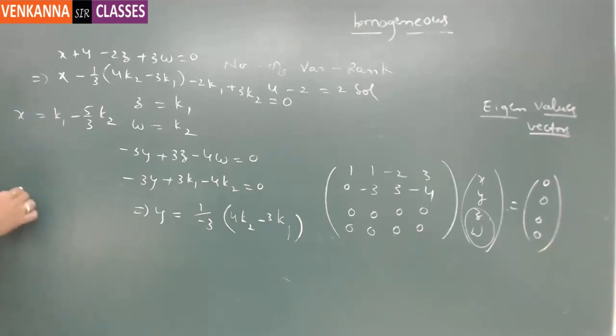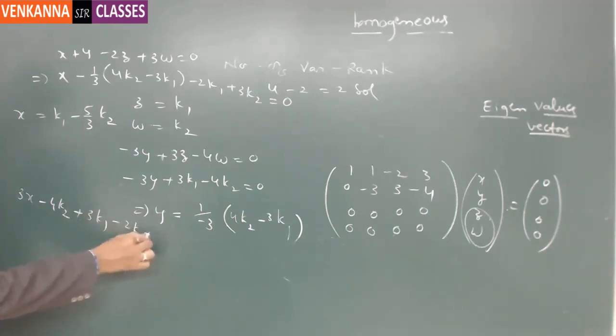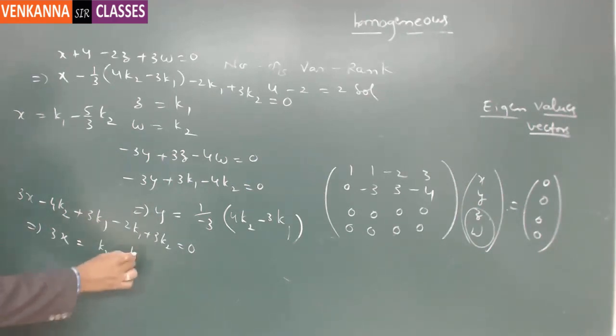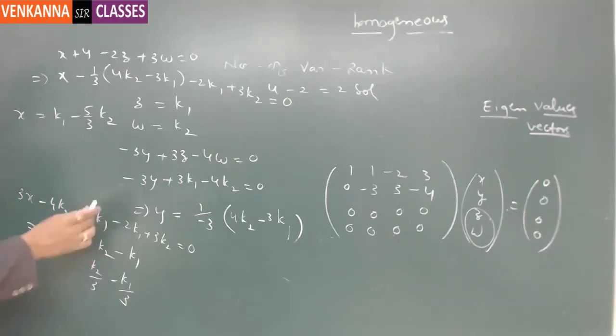Because we will have the part as 3x minus 4k2 plus 3k1 minus 2k1 plus 3k2 equal to 0, plus 3x is equal to k2 minus k1. Am I correct?